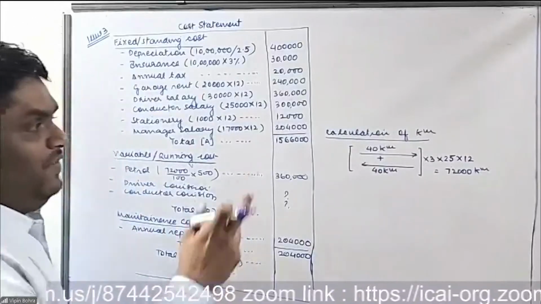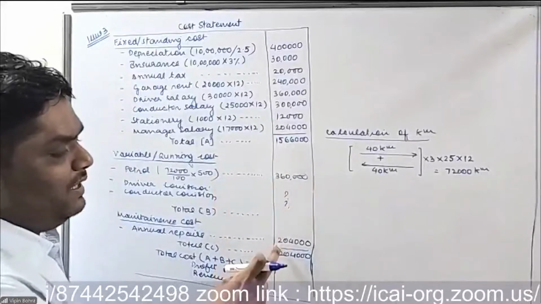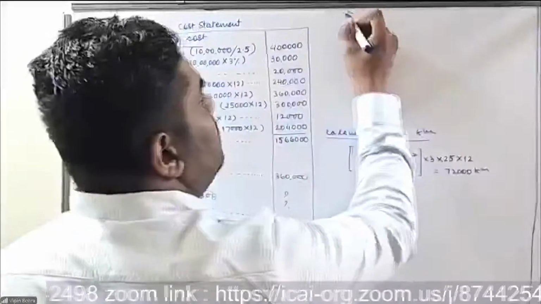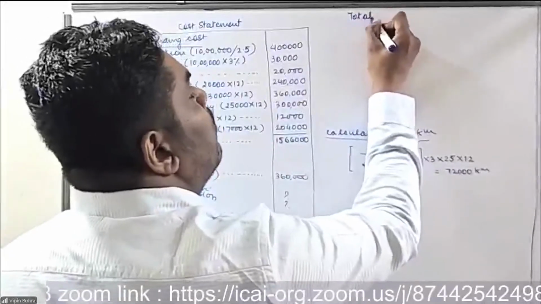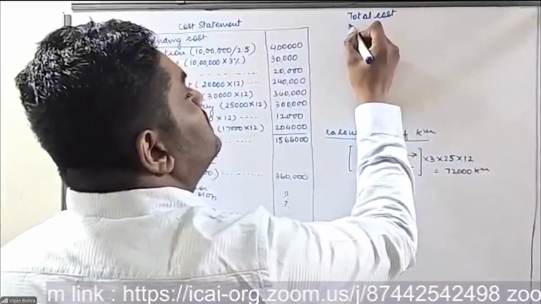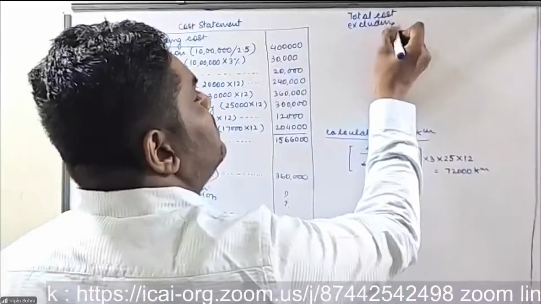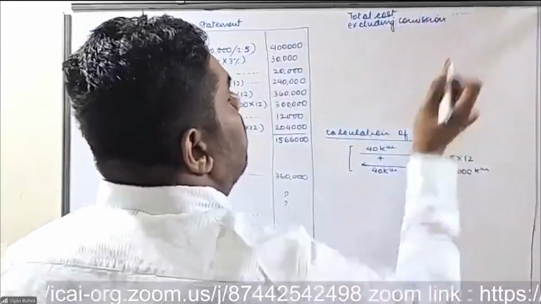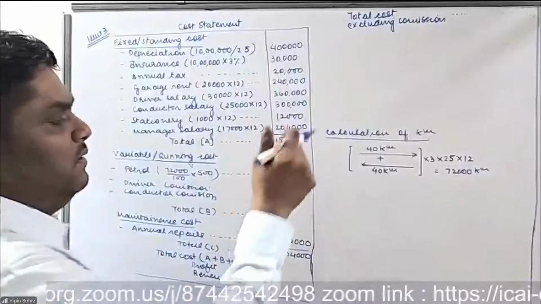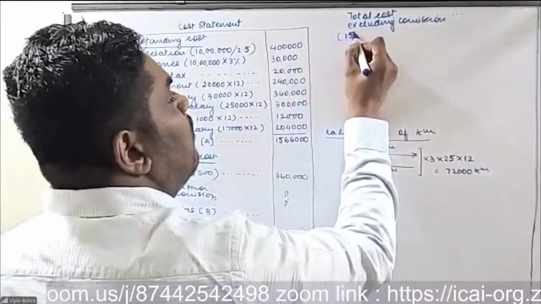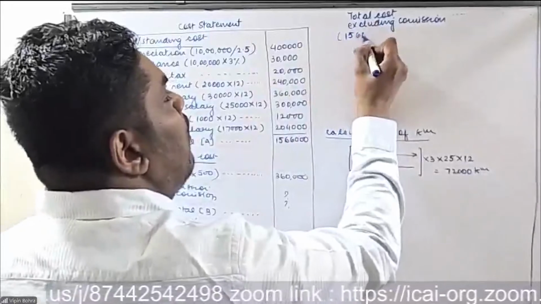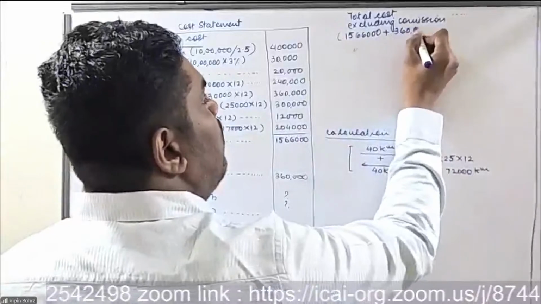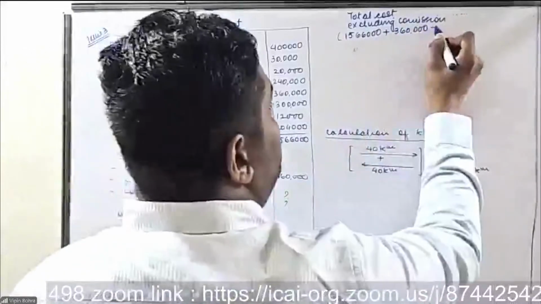So now we have the total fixed cost plus 3,60,000 plus 2,04,000. This is the total cost excluding commission. So total cost excluding commission we have is 15,66,000 plus 360 plus 2,04,000.